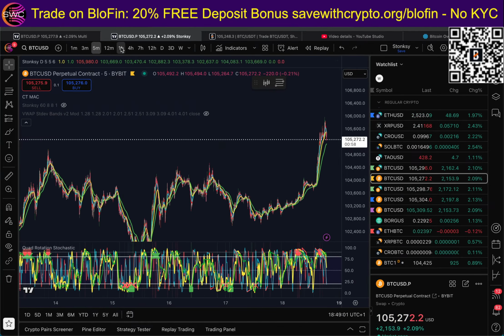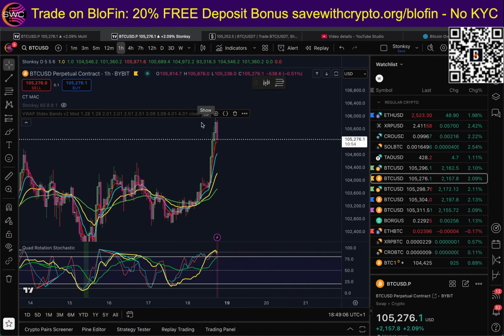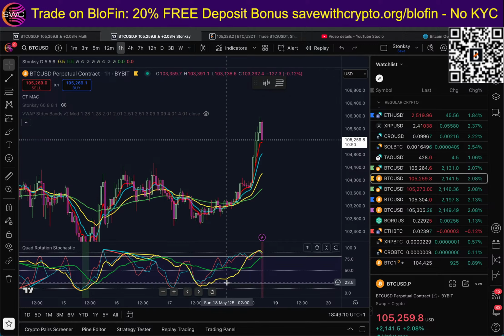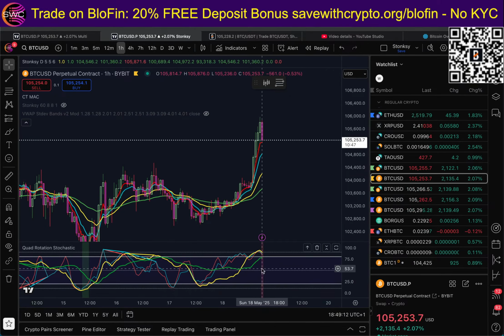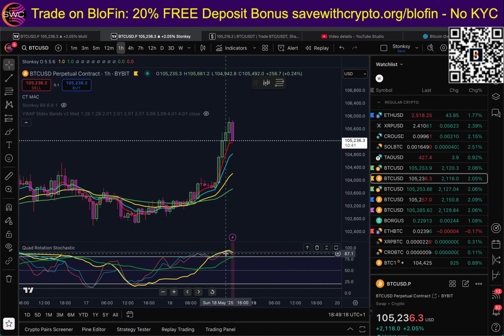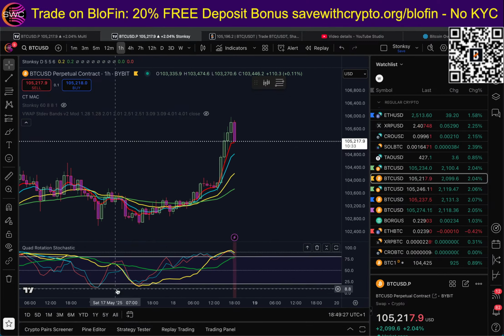But then if you look at it on the larger time frame, you can see you got the red background there. I think the red background happens when there's two stochastics above the 80% and they're angling down, something like that. I mean, you can look at the code.